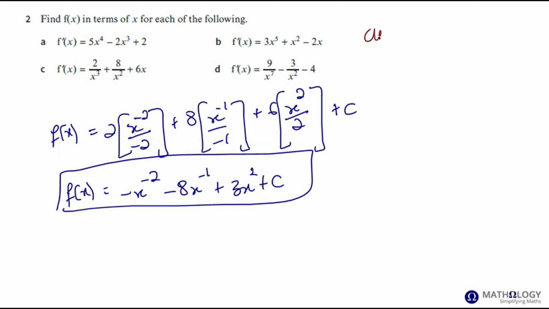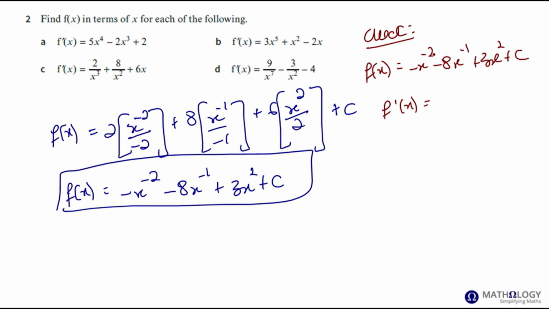Now we're going to check our integration by differentiating. So f prime x equals minus 2 times minus 1 is 2, x to the minus 2 minus 1, x to the minus 3, minus 1 times minus 8, plus 8, x to the minus 1 minus 1, x to the minus 2, plus 3 times 2 is 6, x to the 2 minus 1 is x, and the derivative of a constant is 0.